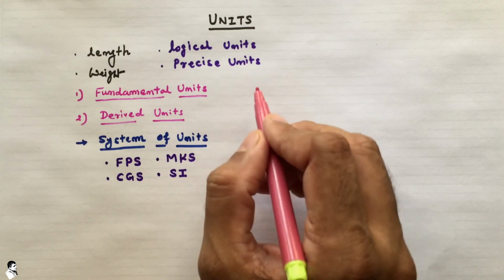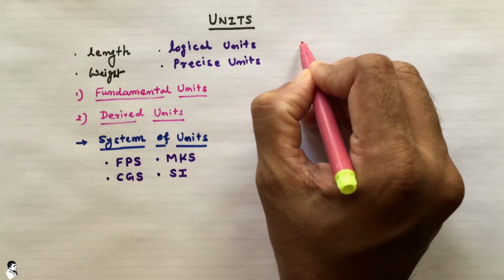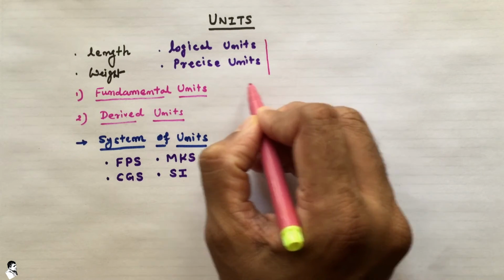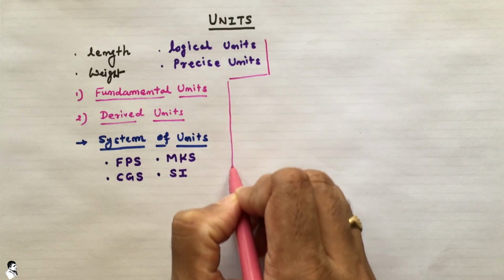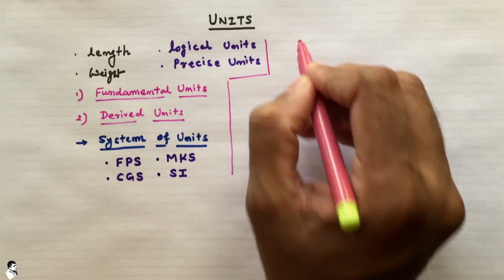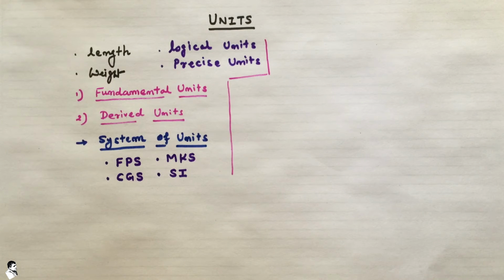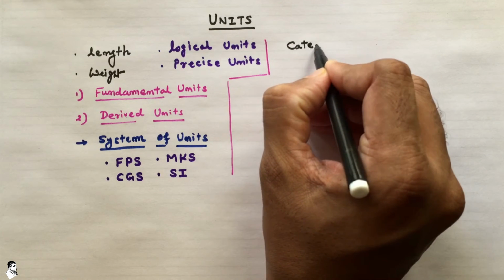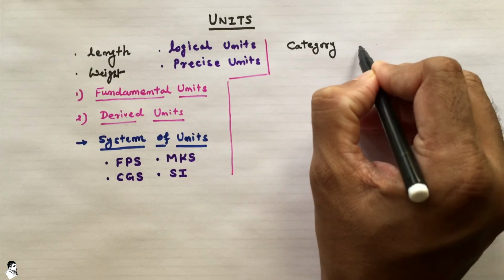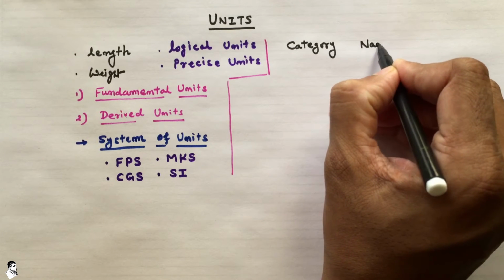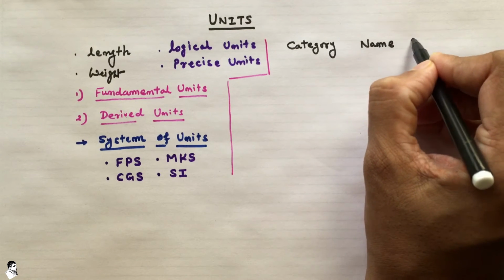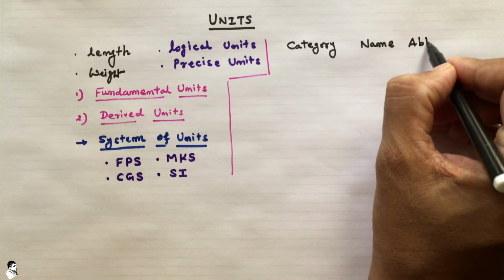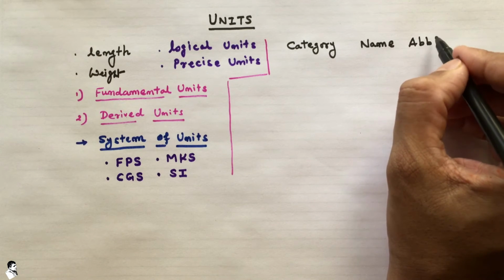So here we make a title of category, then the name and the abbreviation.